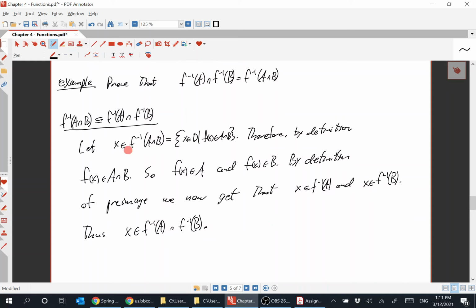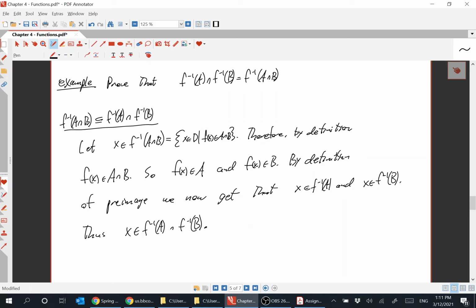Right? So we took x in the preimage of A intersection B. Therefore, by definition, f of x is in A intersection B. By the definition of intersection, f of x is in A and f of x is in B. By definition of preimage, x is in the preimage of A and x is in the preimage of B. So that thing about images that wasn't true is true with preimages.